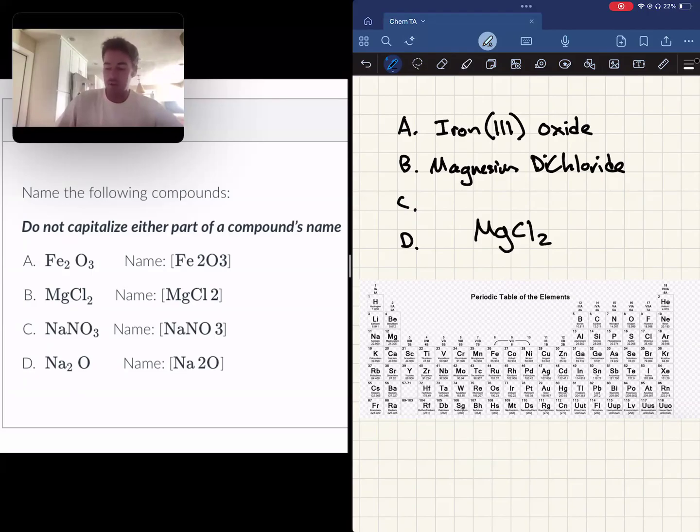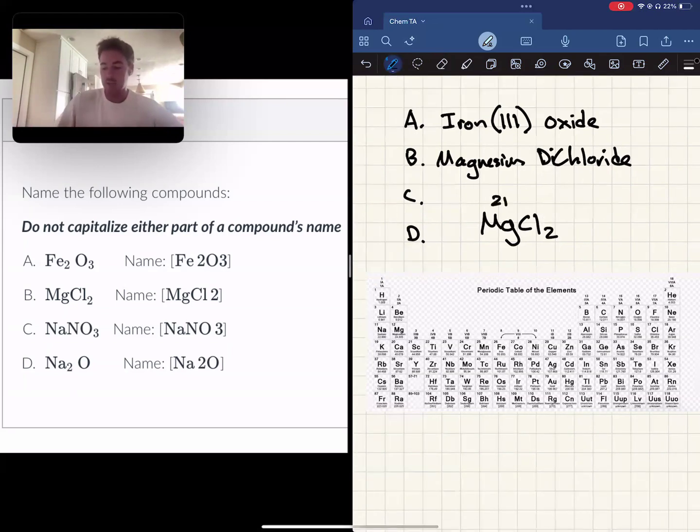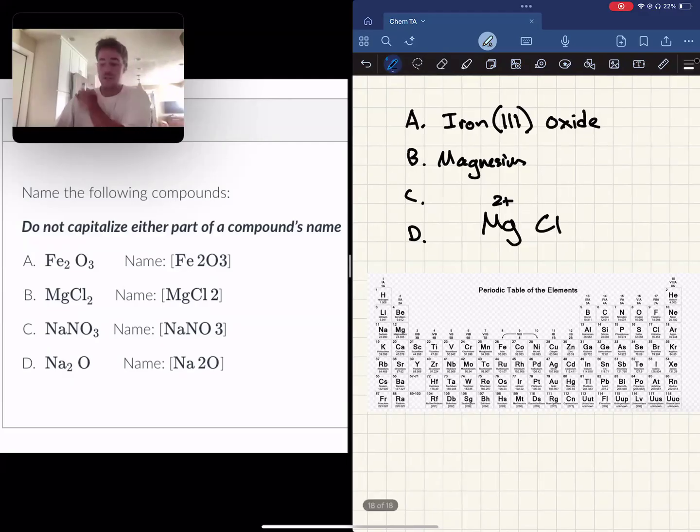You don't say dichloride because we know how many chlorides there are just because of the charge. Because magnesium has a 2+ charge, we know that we need two chlorines. You would never have Mg with one chloride. There would always be two. So that's why they don't use dichloride.